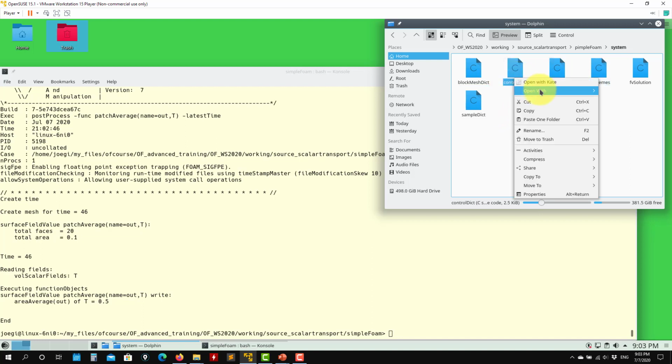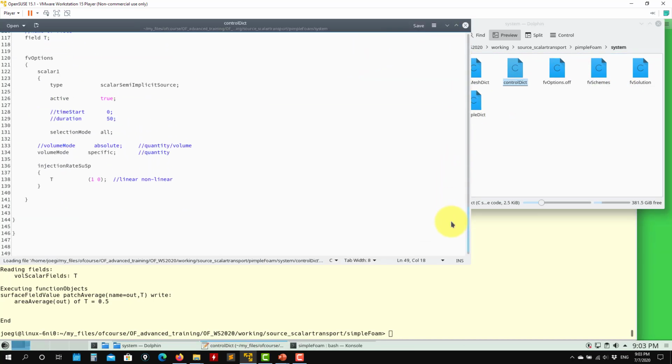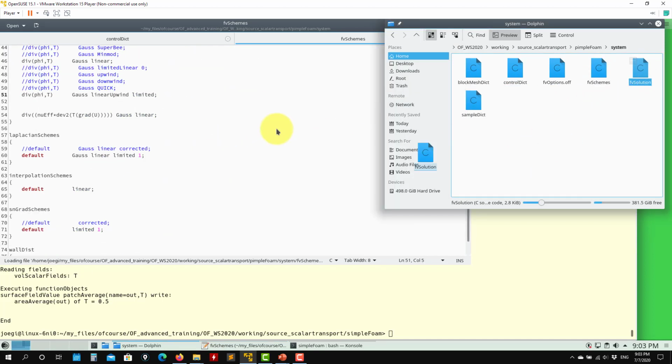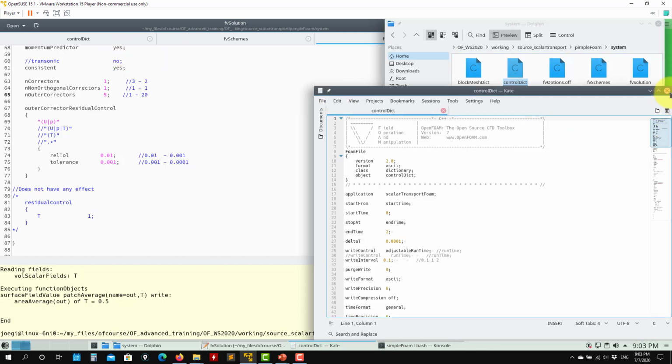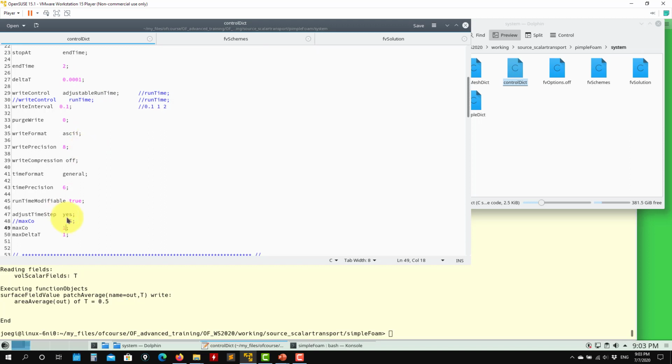So let's open Control D. Again, you add the scalar transport in the same way. As you go in Control D, see that here you have your time step, how you control it, and also you can impose the maximum Courant number.